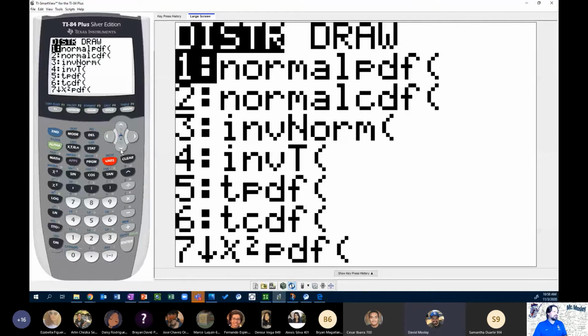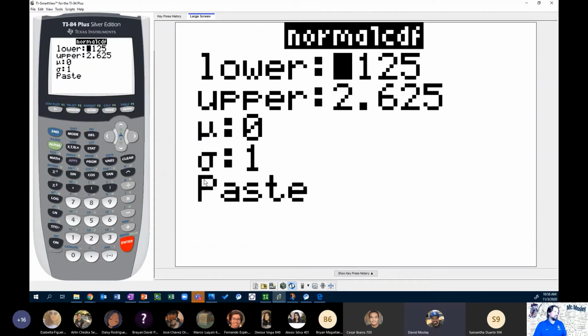I want the second option on this screen here where it says normalcdf. Okay. And I need negative 1.75 as the lower bound because I'm looking from that point and greater.